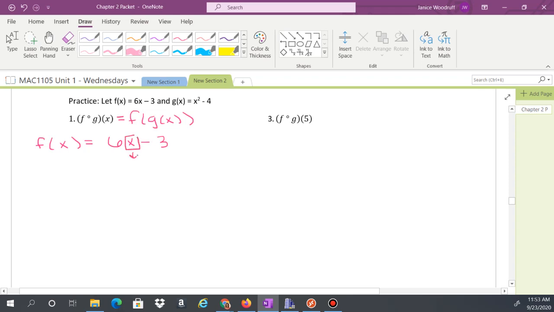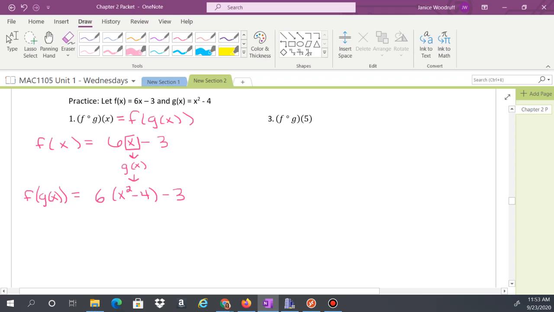Okay, so I want this to become g of x, which is x squared minus 4. Then bring down the rest of it. So bring the 6 in front and the minus 3 afterwards. Okay, that is going to give you f of g of x.